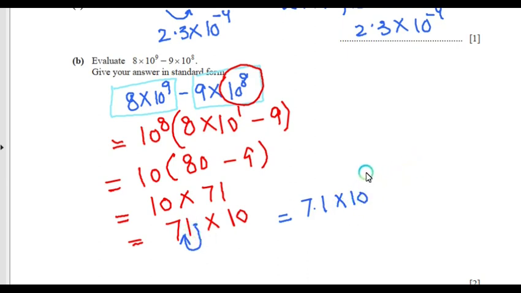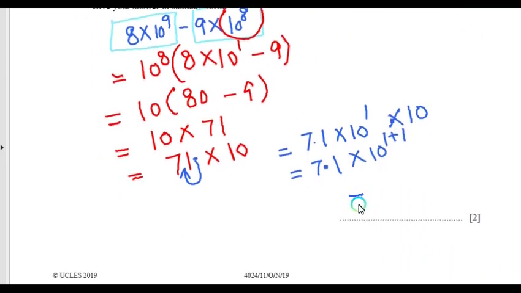So 1. Since we have shifted this decimal 1 digit backwards, the power should be positive on 10, and then multiply by 10 as it is. Combining the powers of 10, 1 plus 1, we are left with 7.1 times 10 raised to power 2.